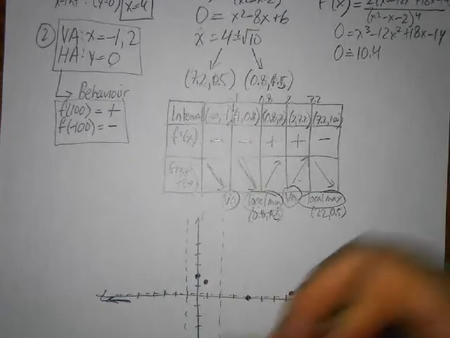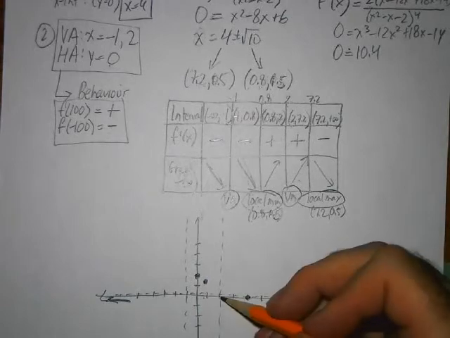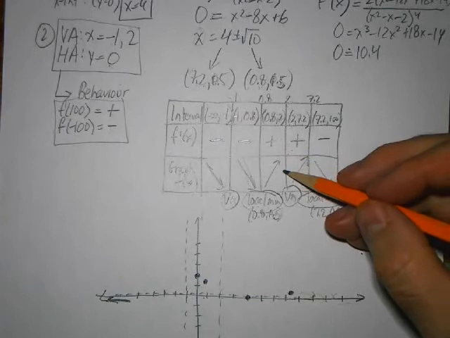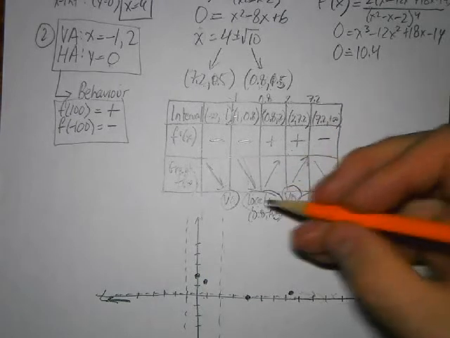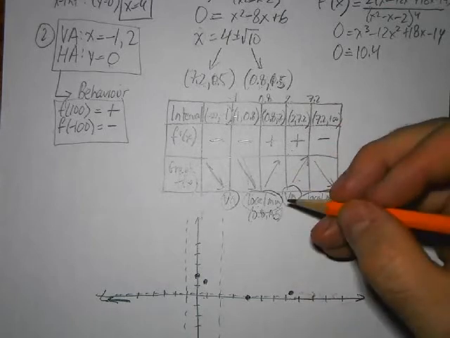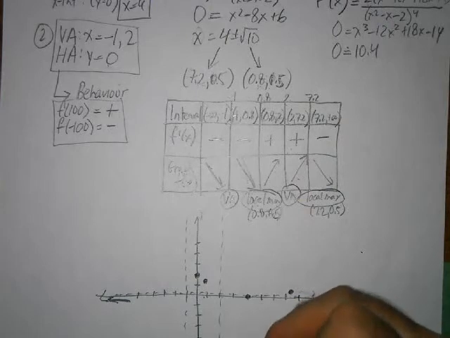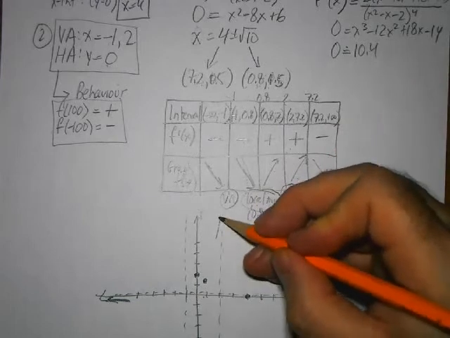So at both sides it's approaching negative infinity. This one here, you can see it's the opposite. I'm approaching, no, this one is going up. This one's increasing to the right. That's what that means. And it's also increasing on the left side. So I've got that arrow.